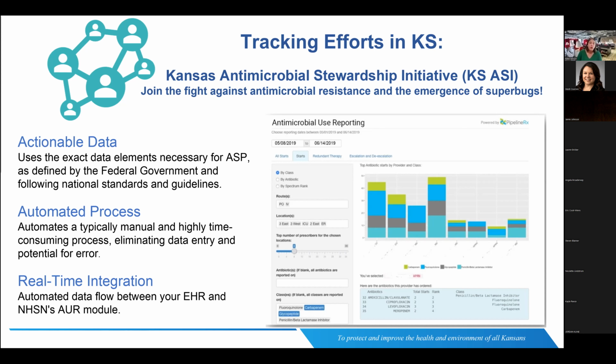Okay. What have you been able to do with your data? Tableau is beautiful. Have you had the opportunity to really dig into your AU data and share that information with physicians?